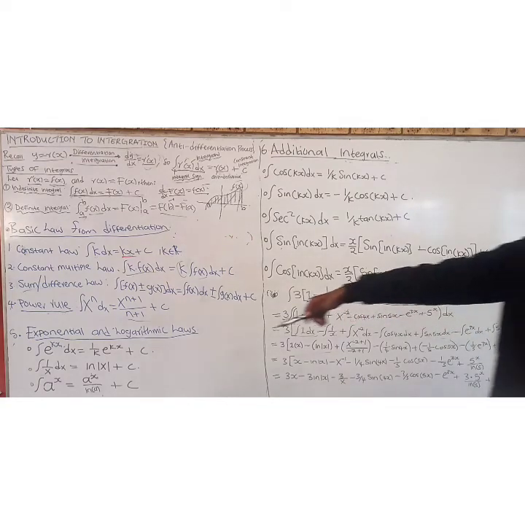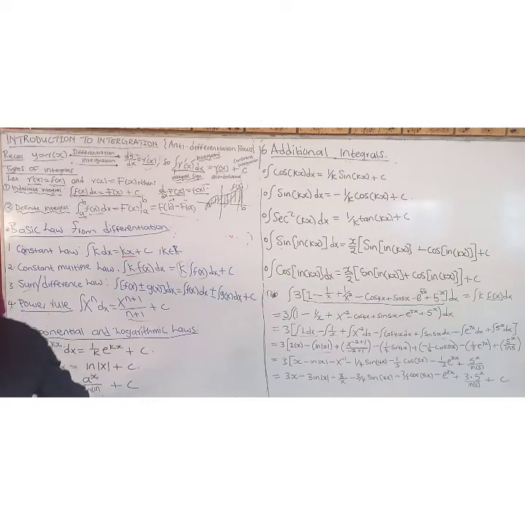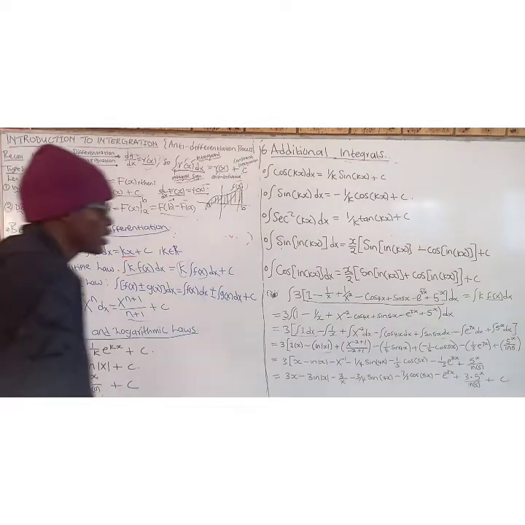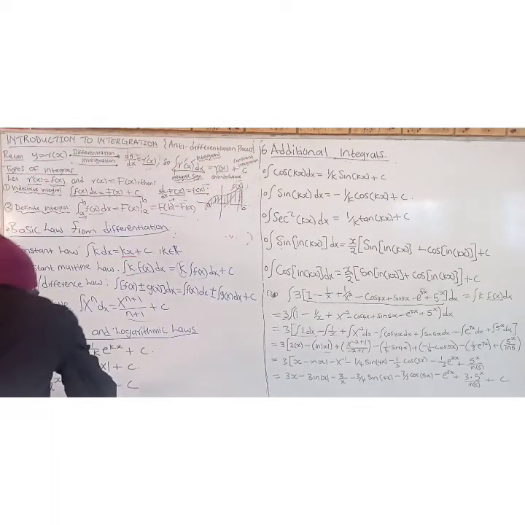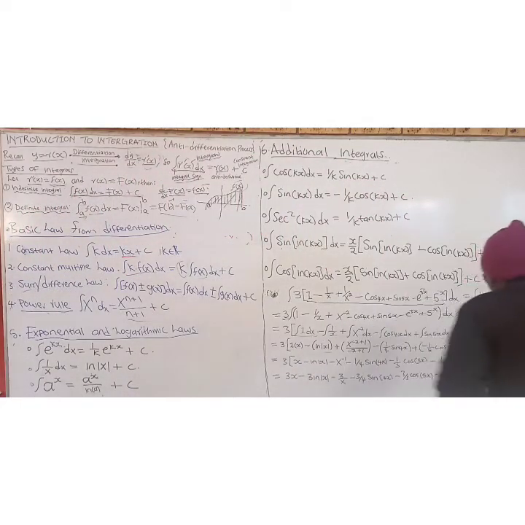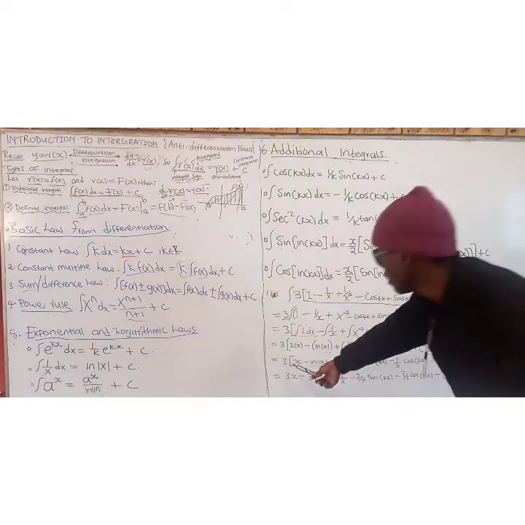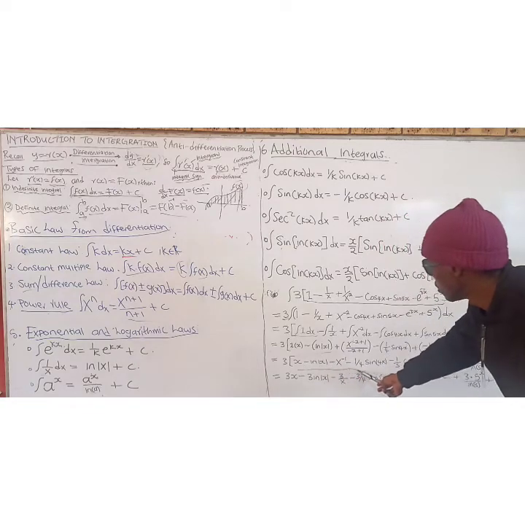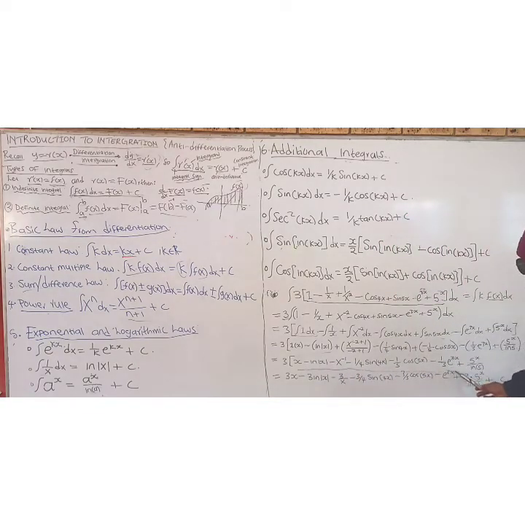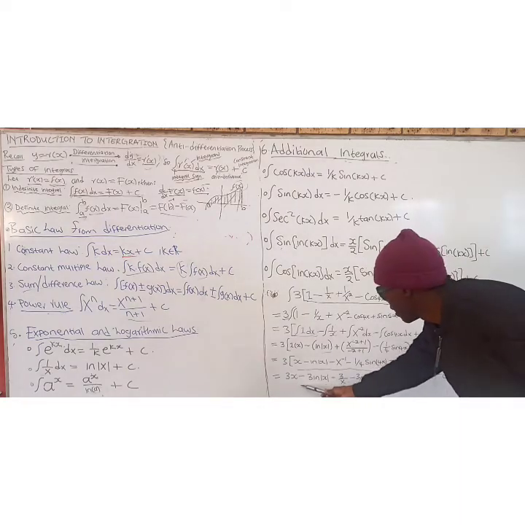Lastly, the integration of a to the power x is a to the power x over ln a, so I wrote 5 to the power x over ln 5. It's then a matter of simplifying, and after simplifying, this is my final result.